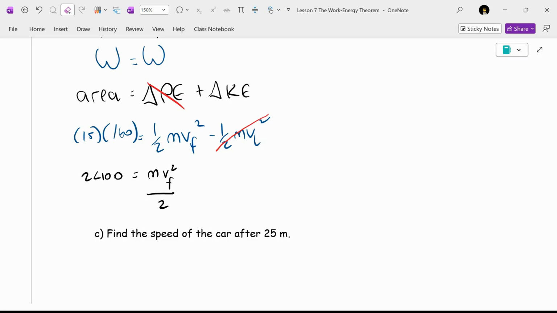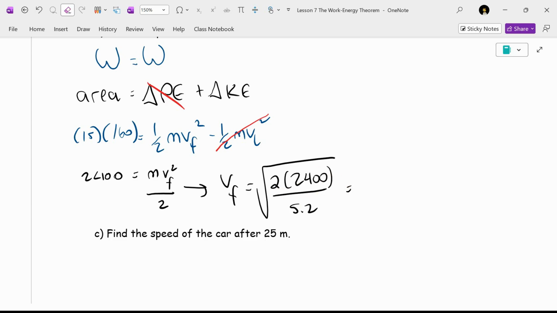How will I get the v by itself? How will I move the m over? How will I move the 2 over? How do I get rid of the squared? So you're telling me the speed is going to be square root of 2 times 2,400 divided by 5.2. Yep.